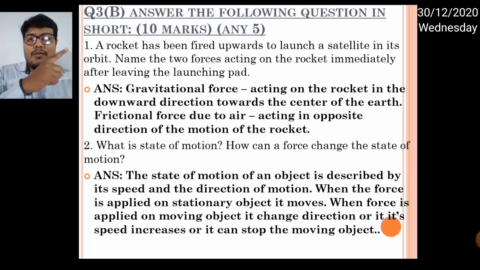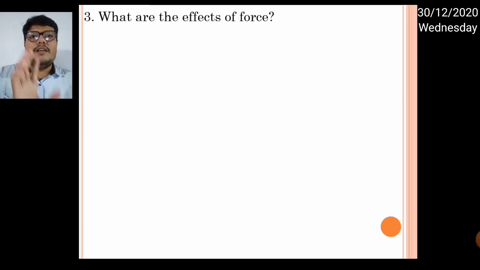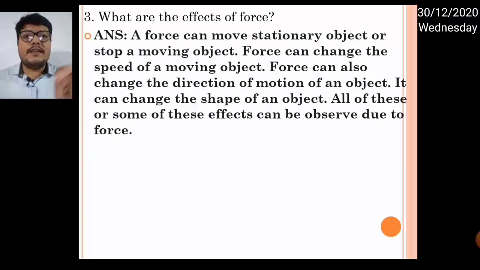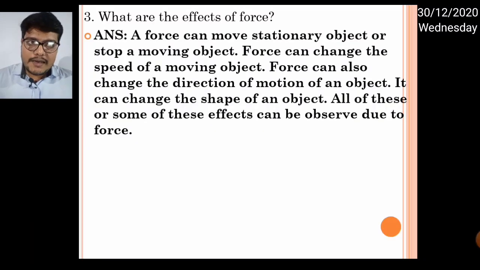Now, the effects of force are very important, right? Anyhow, it will be in your paper. There are two or three questions of this kind about what force can do. Okay, see the next question here. What are the effects of force? As I told you, a force can move a stationary object or stop a moving object. Force can change the speed of an object.